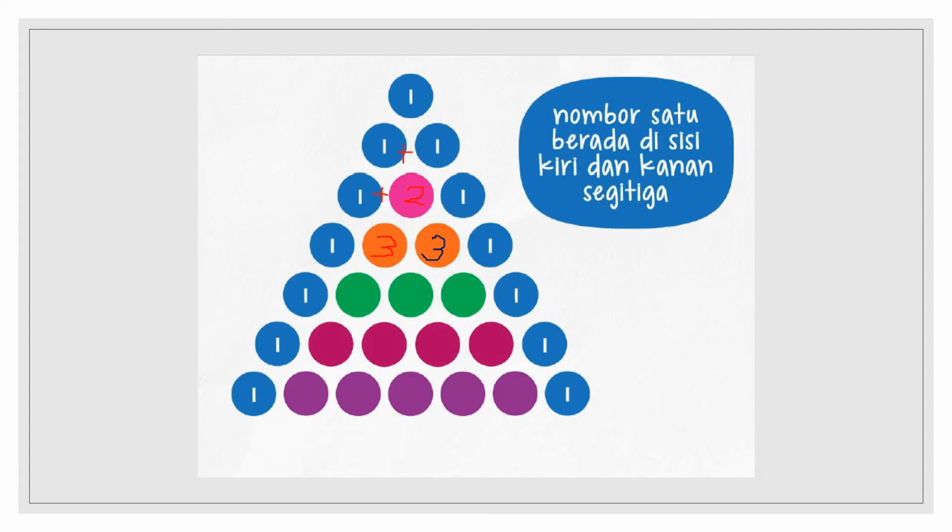And we proceed to the green on the left side. How do we get the green? It is 1 plus 3 equal 4. And 3 plus 3 equal 6. Next is 3 plus 1 equal 4.